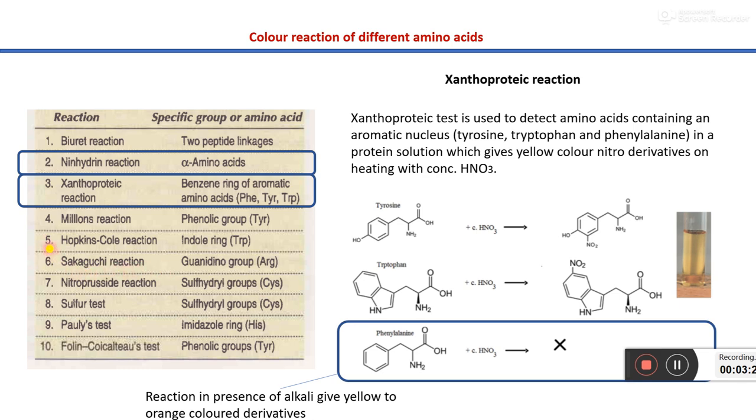And through the Sakaguchi reaction you can detect the amino acid which has a guanidino group in its side chain, and that is arginine. So this is a very important table, so just go through it, and after that you will learn more about the detection of different amino acids by these reactions.